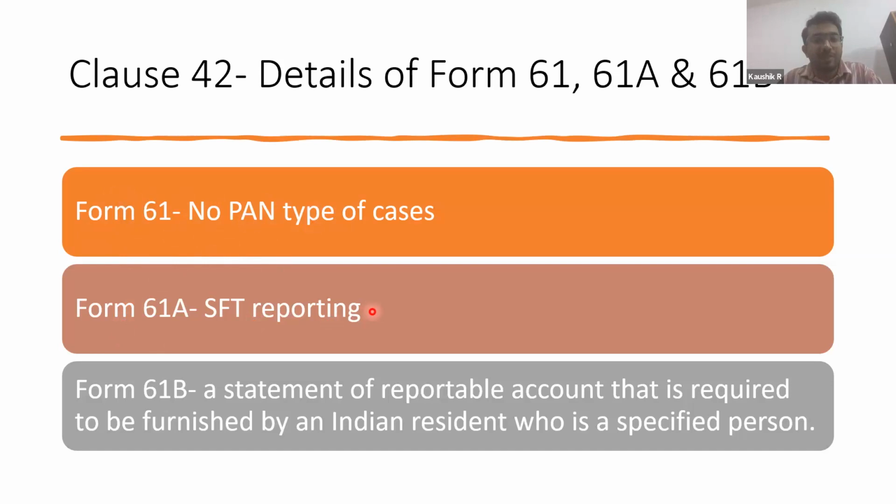61A is SFT reporting. There are certain specified financial transactions which require reporting. Usually what is applicable is if there are any cash transactions, cash sales beyond 2 lakh rupees, that gets reported here. And if a company has issued any shares worth more than 10 lakh rupees, that will get reported here.